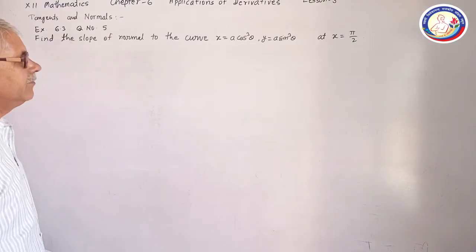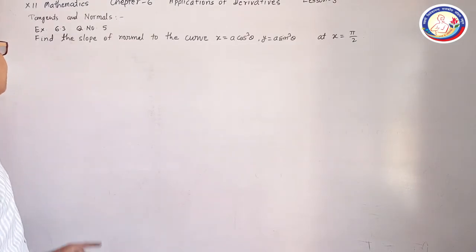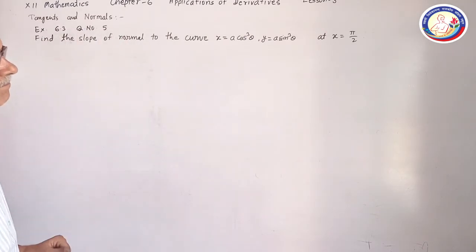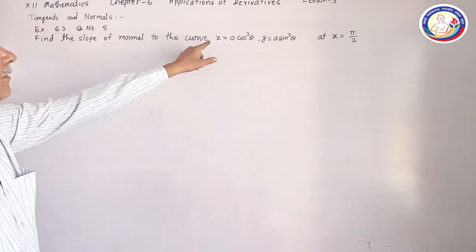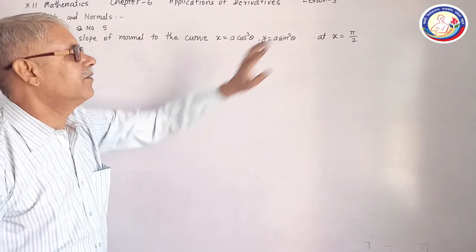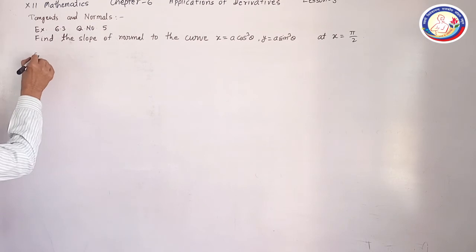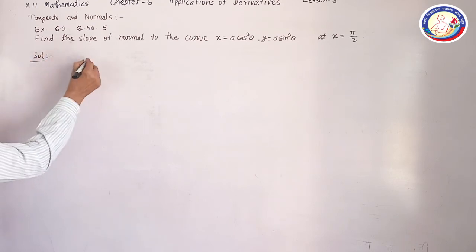In this question, we have to find the slope of the normal, and the curve is given in parametric form. So first of all, we will find the derivative.